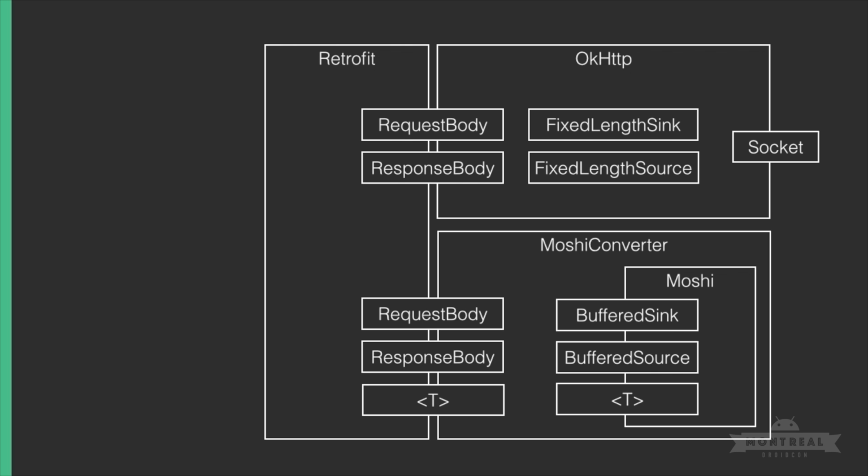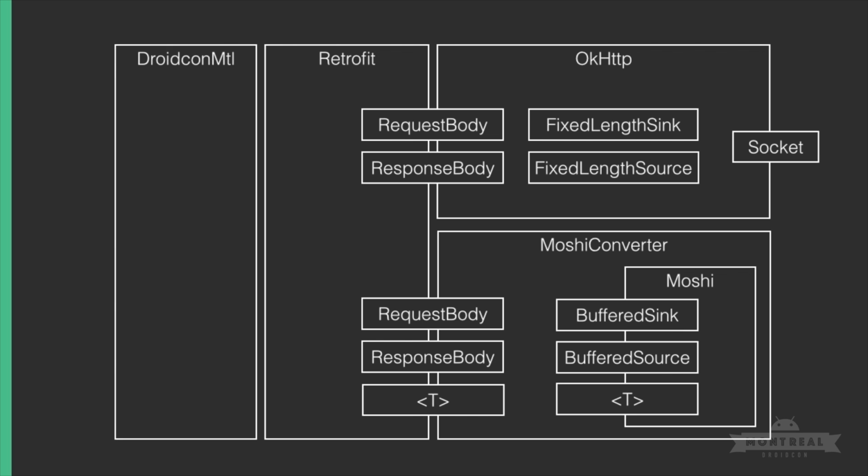And you'll see it also has the T because it will pass in Java objects to be converted to JSON, and it will pull out Java objects that were converted from JSON. Our interface sits in front of this, which has our method that we define, and then there's just some implementation detail that sits between the generated class that backs our interface and Retrofit itself.